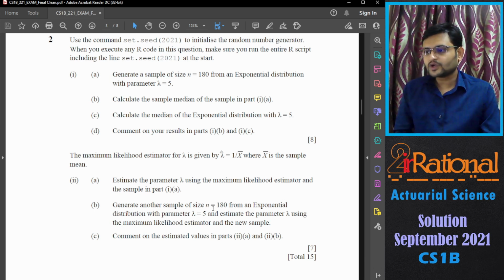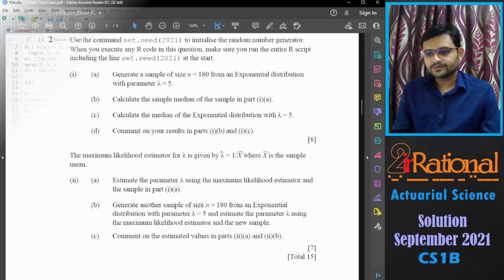Generate another sample of size n equals 180 from an exponential distribution with the parameter lambda equals 5. So another distribution we need to create, and estimate the parameter lambda using the maximum likelihood estimator and the new sample. Comment on the estimated value in part 2a and 2b.